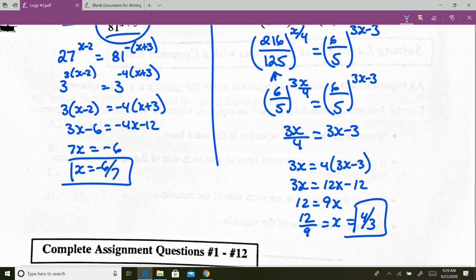Reduced value would be 4/3. 12 over 9 is fine, but you want to reduce it down. How is that?